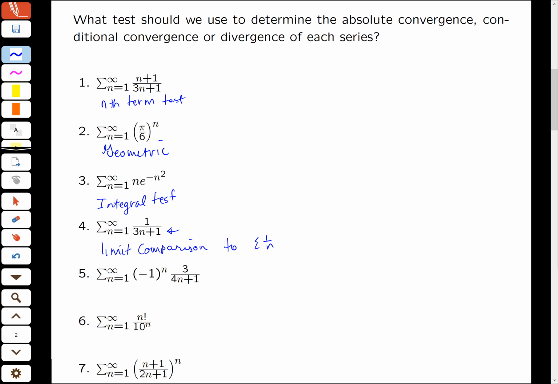So this one is going to be an alternating series test, and limit comparison for the absolute convergence. Combine both of these together and we're going to get conditional convergence.